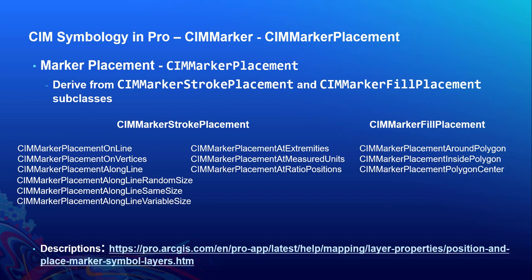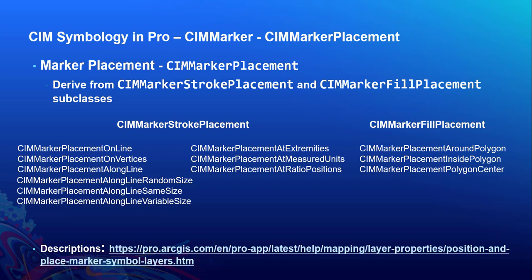Okay, so marker placements, they all derive from one of two classes. If the marker placement is being used on a line, they derive from sim marker stroke placement. If the marker placement is being used to influence a marker's use with a fill, a polygon, it's sim marker fill placement.